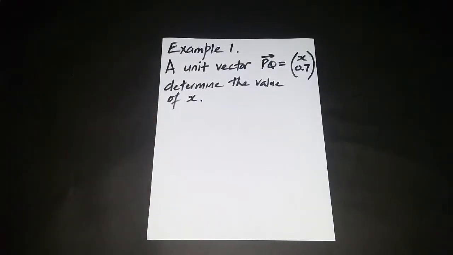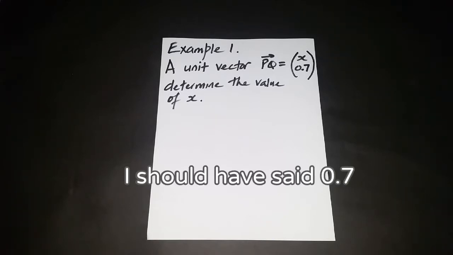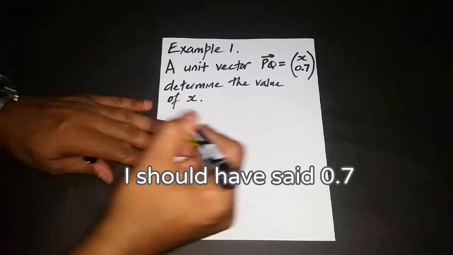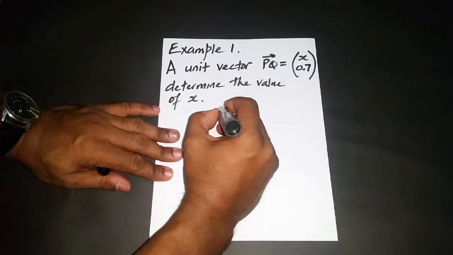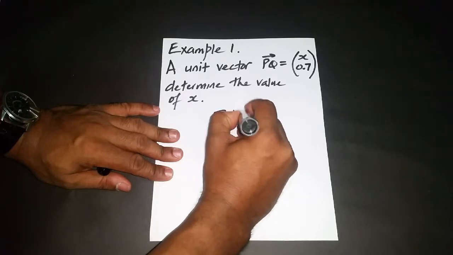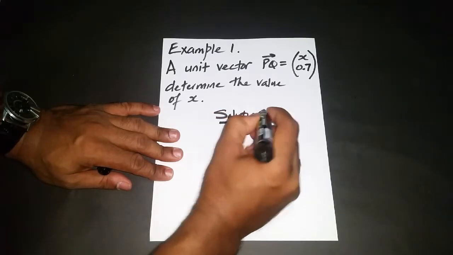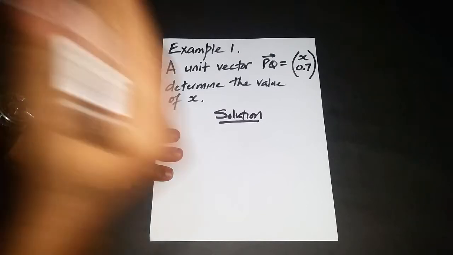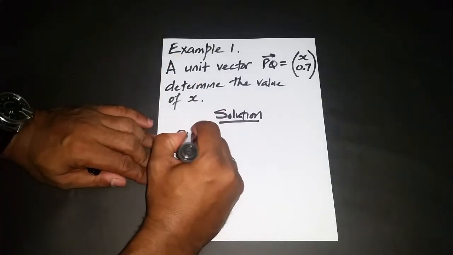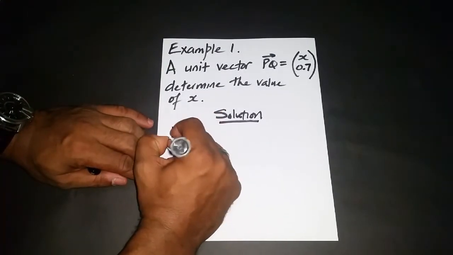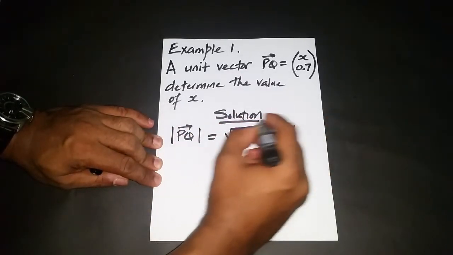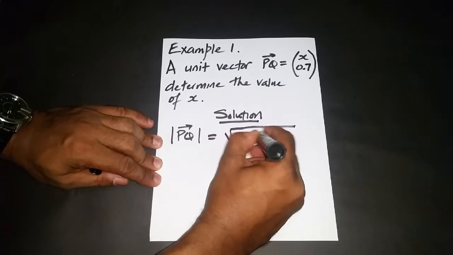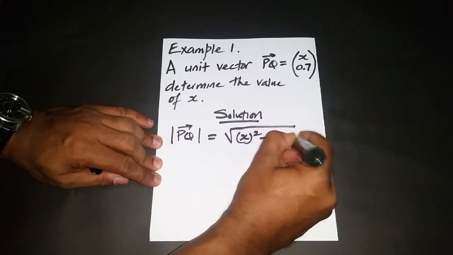Now here it says a unit vector PQ equals (x, 0.1). Determine the value of x. A very simple question, so let's tackle this right off the bat. So, the solution: to find the magnitude of vector PQ, and remember the denotation for magnitude, is equal to the square root of (x squared plus 0.1 squared).